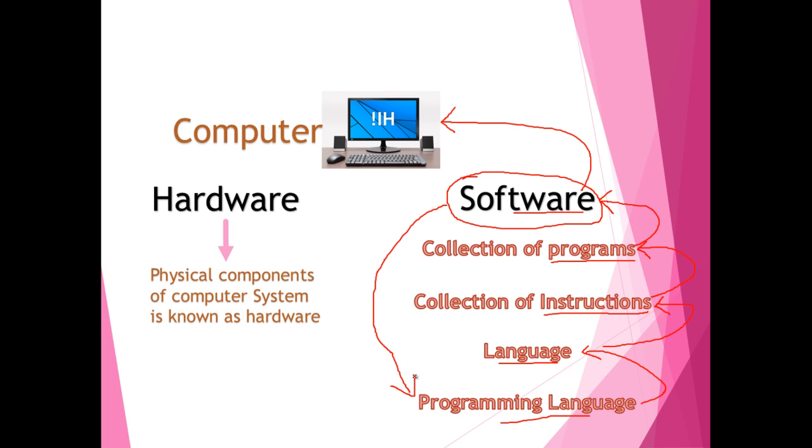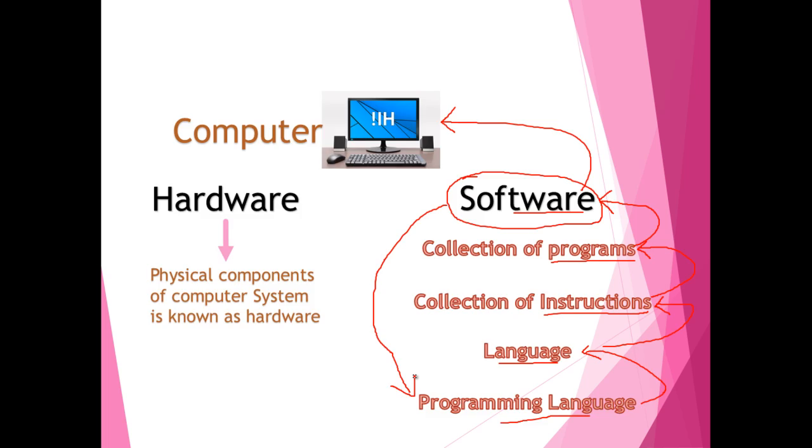So I hope it is clear that the programming language is very useful, because without the use of a programming language no software can be developed. And if there is no software, then nothing will run in the system or in your mobile. So basically the programming language is used to develop software, right? This is the use of a programming language.